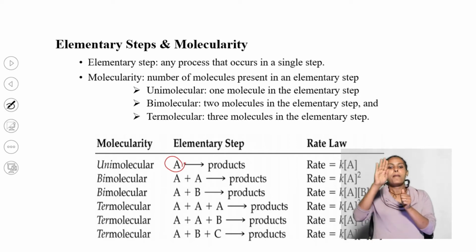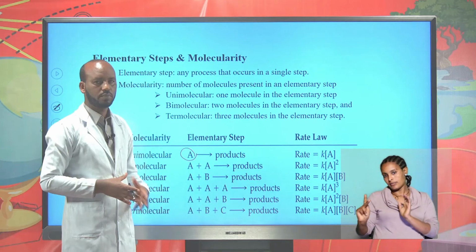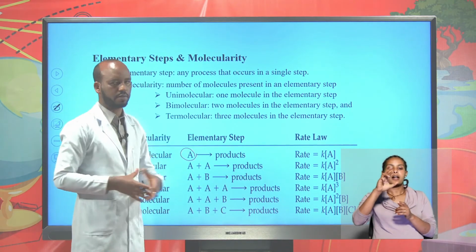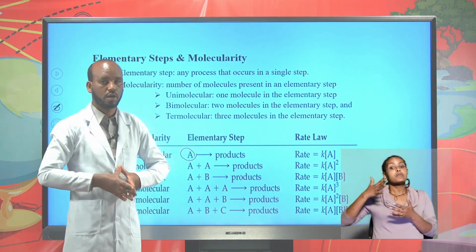Termolecular, three molecules in the elementary step. For example, A plus M plus N to form product. There are three reacting species that form a product. Termolecular is rare. Colliding of three species is rare.